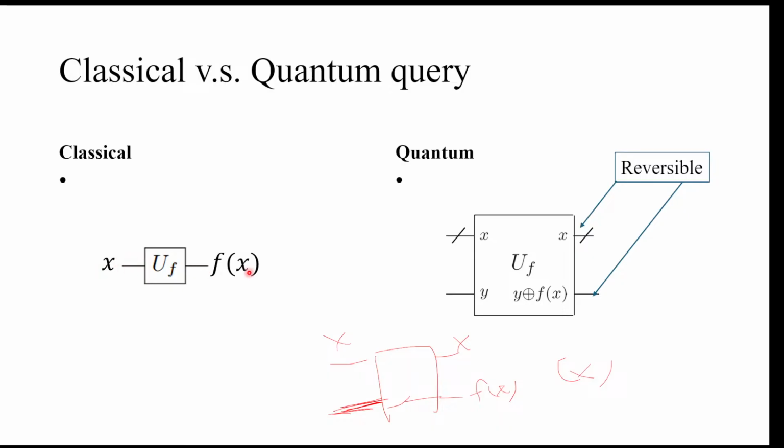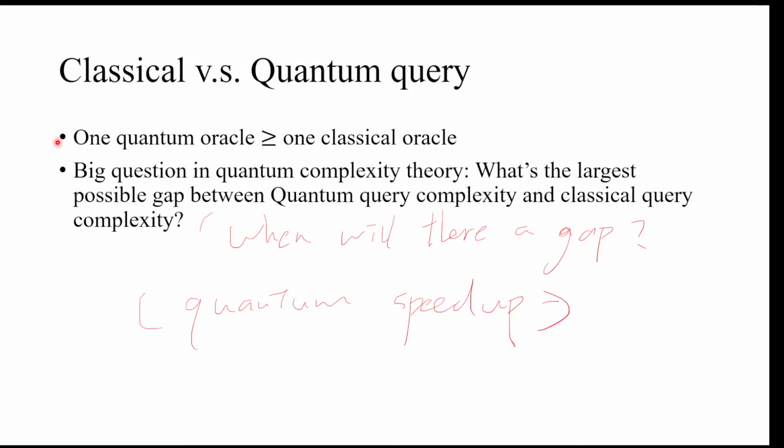To do that with the quantum oracle is very easy: you just put y equal to 0 here, and put x here, then you get your f of x, and you can forget your x, just don't use it. So whatever you can calculate with some number of classical oracle calls, you can do with quantum oracle calls.